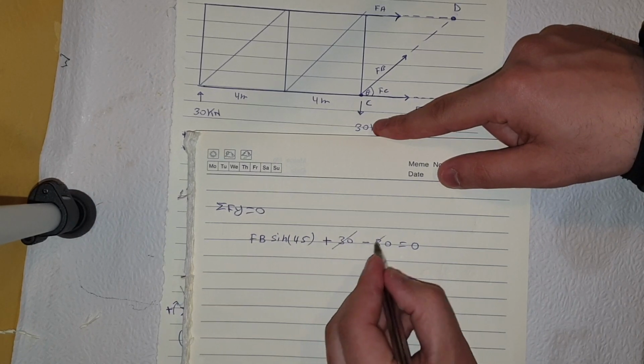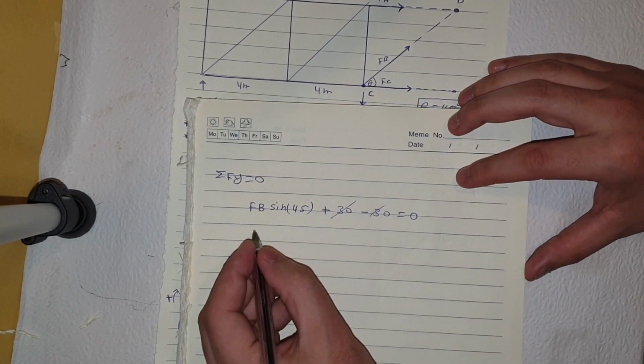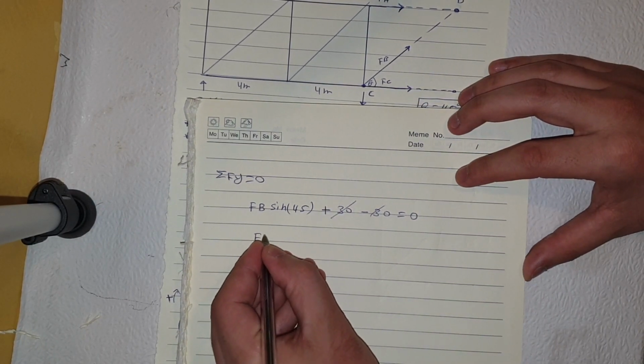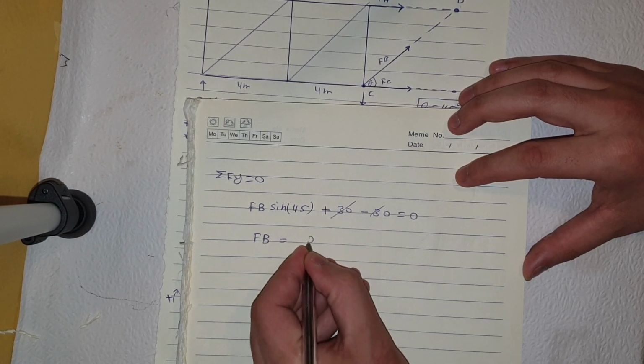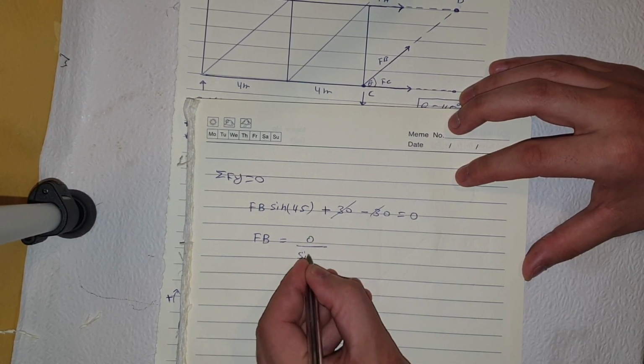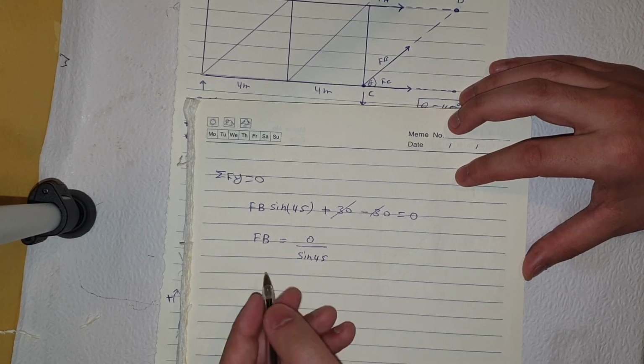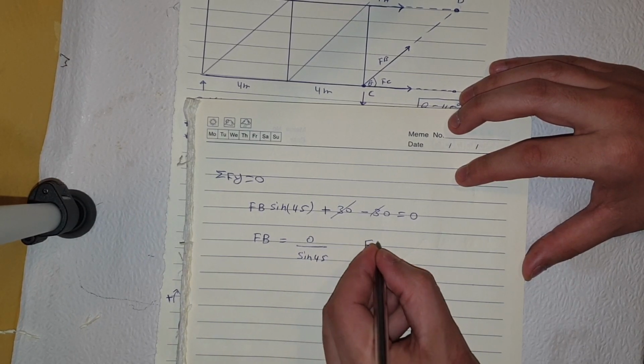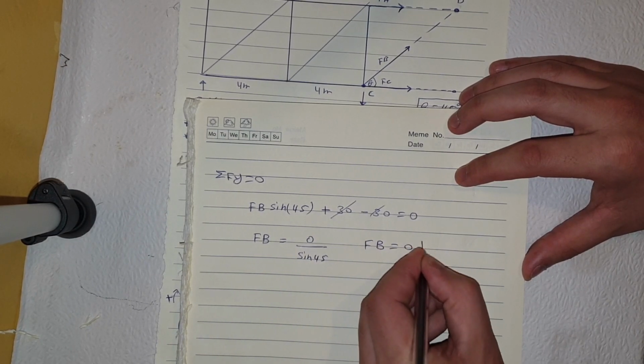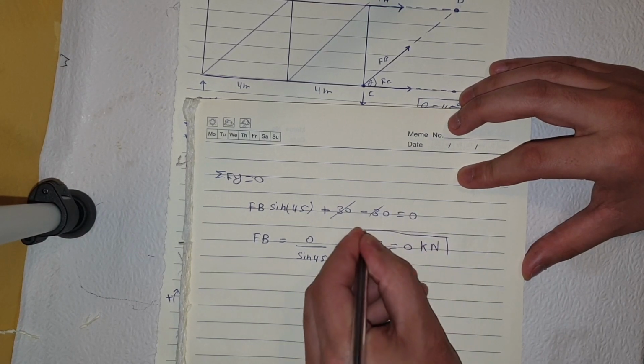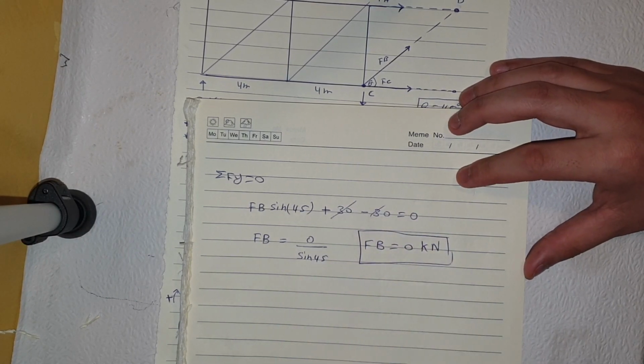So this plus and minus will cancel each other. So my FB will be equal to 0 divided by sine 45, and that will be equal to 0. So my FB will be equal to 0 kilonewton.